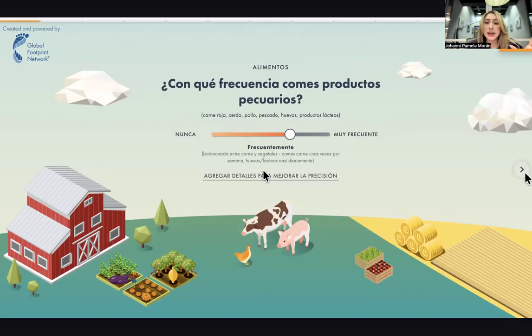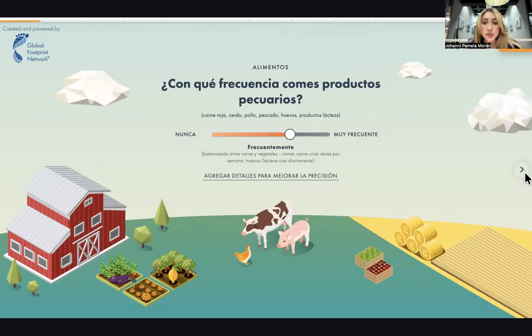I really like this website that lets you measure your footprint because it asks you a lot of questions, so you can actually see how much energy and how many emissions you're producing, depending on your consumption.